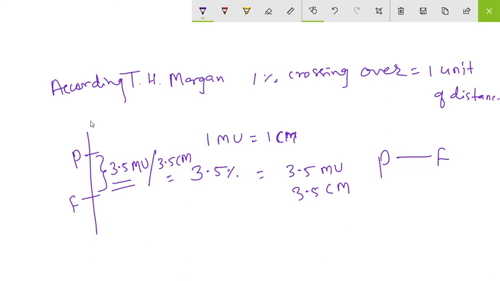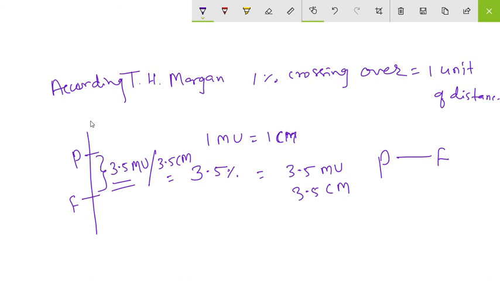The formula to calculate the crossing over frequency is the number of recombinants divided by the total number of progeny, into 100. The total progeny means parental as well as recombinant, that is 3360, and out of that the recombinants are 118.